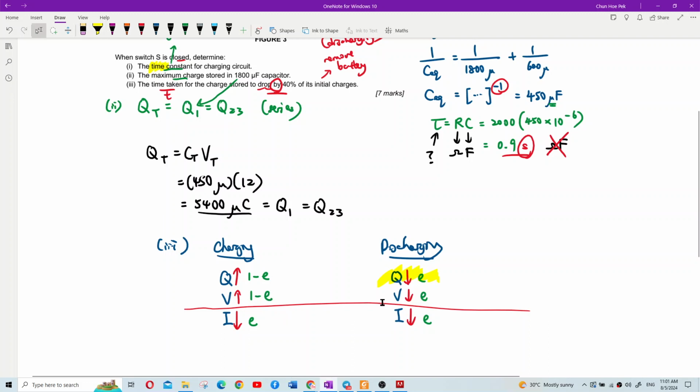Wrong. So what should the formula be? It's about discharging, and the charge decreases. So it should be exponent, not 1 minus exponent. 1 minus exponent is only for increasing charge, for charging.